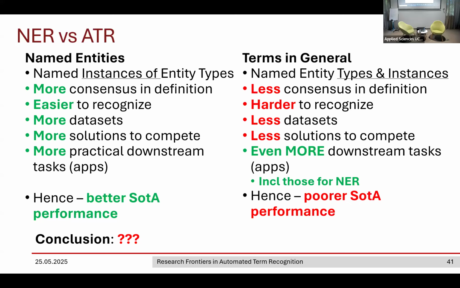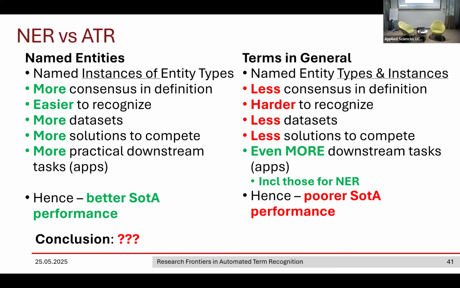There are more data sets for named entity recognition tasks. It's a little bit more practically demanding set of downstream tasks beyond named entity recognition. So hence, the state of the art performance is better.